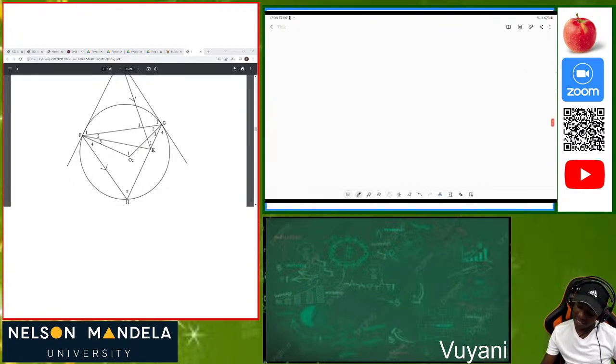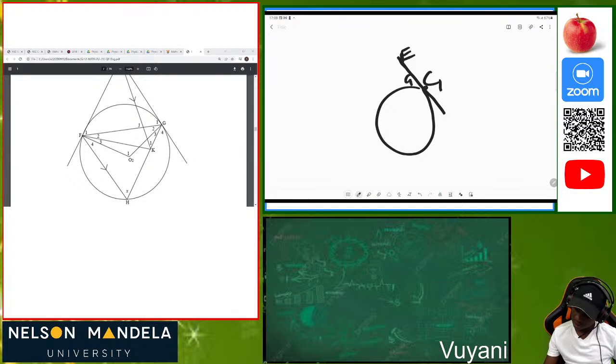So we can see that this is our EG. Our EG was here. This is our G. This is our E. And this was our G1. We had something like this. And we also have our K here.